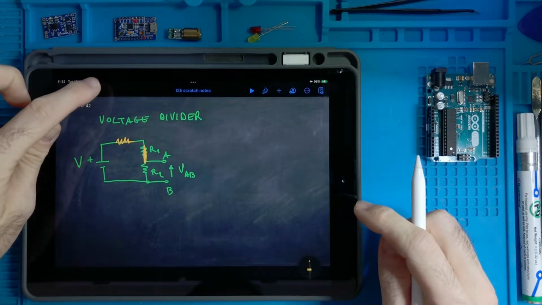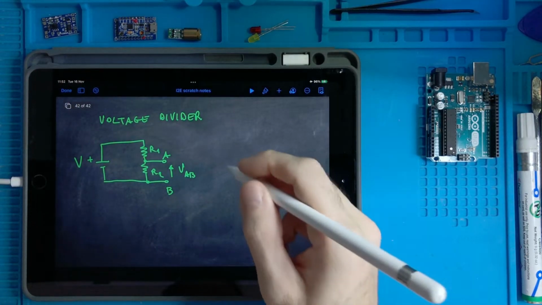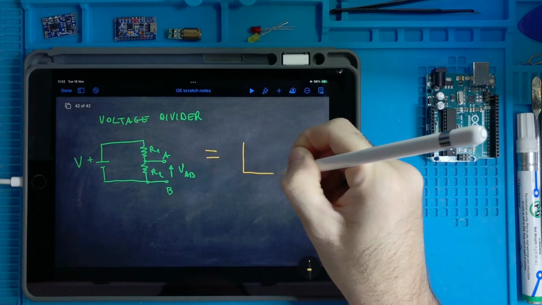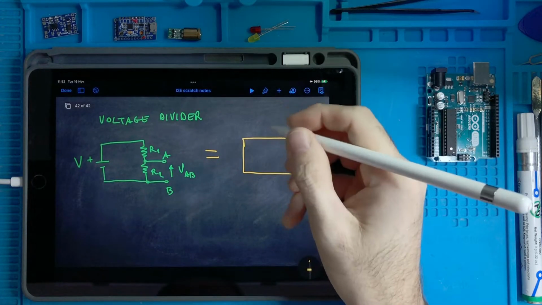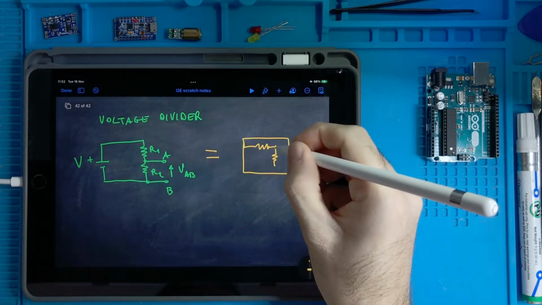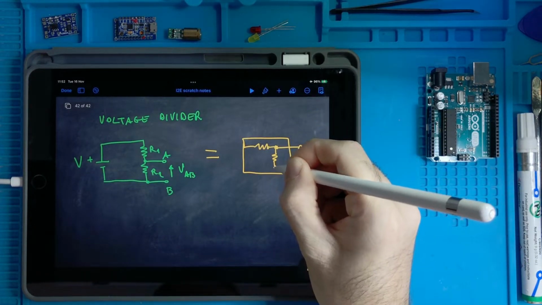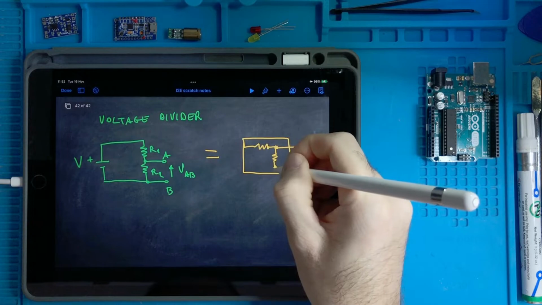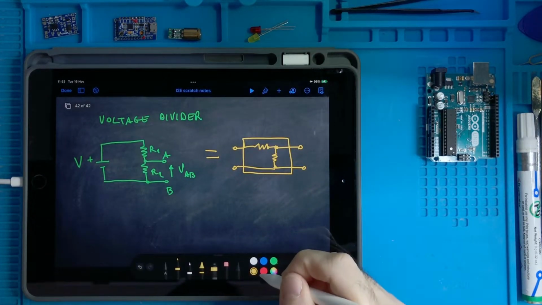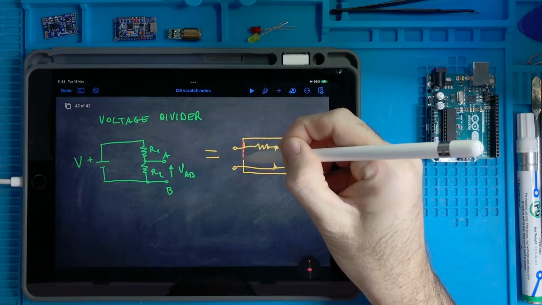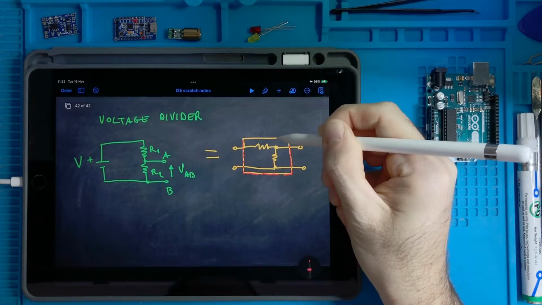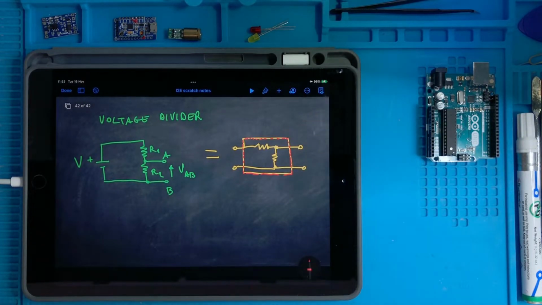So first we can realize that this circuit is a two-port network done this way. I do this because these are not wires, these are just the boundaries of a black box that we consider.